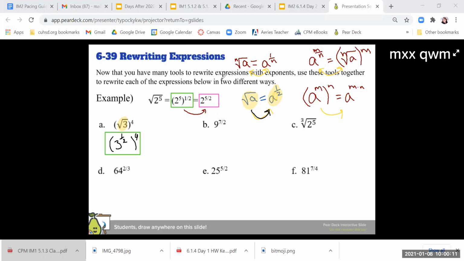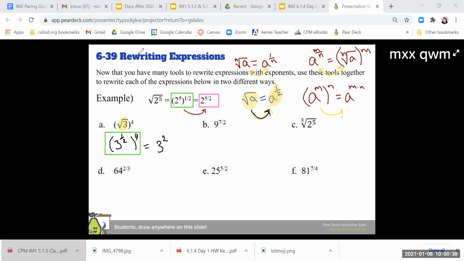Now these are all equal to each other: 3 to the 1/2 times 4. 1/2 times 4, I'll just do off to the side, 1/2 times 4 is 4/2, which is 2. So I'm going to go ahead and write my exponent as a 2.